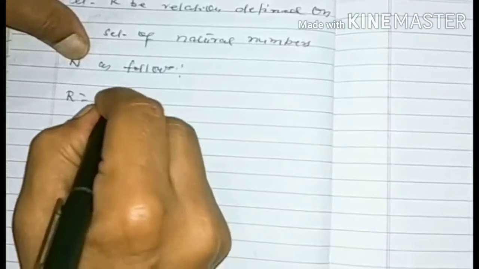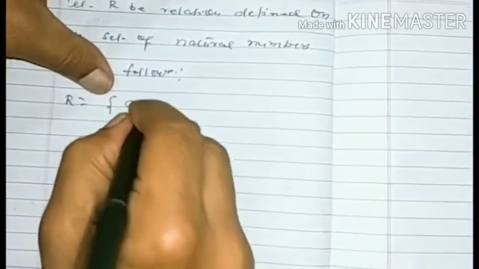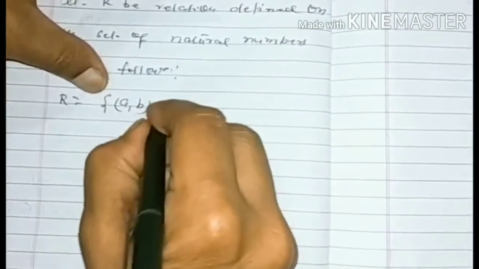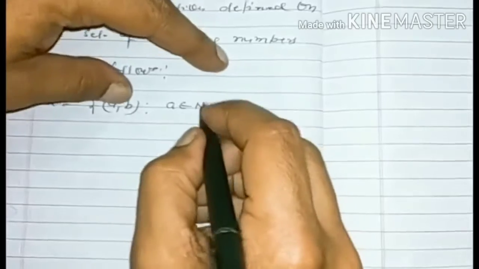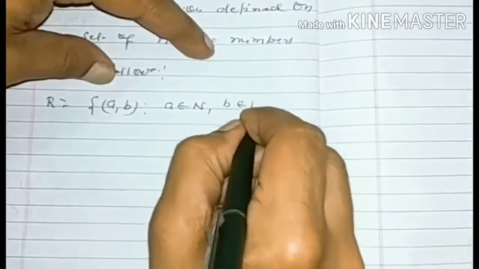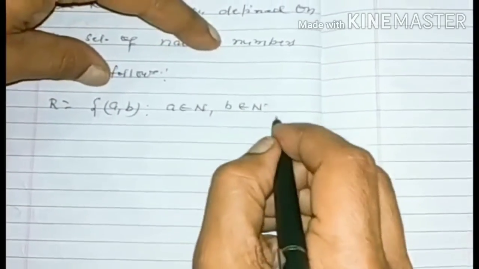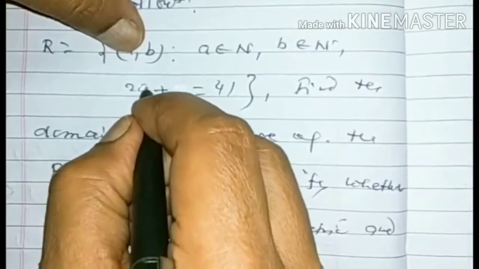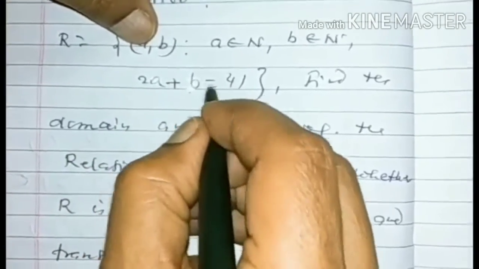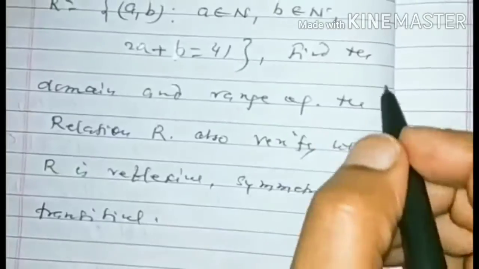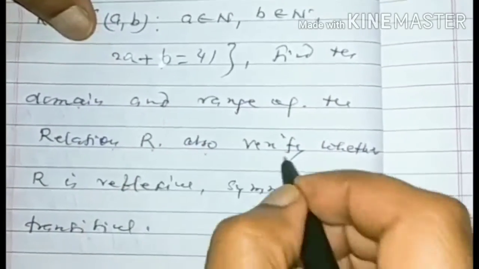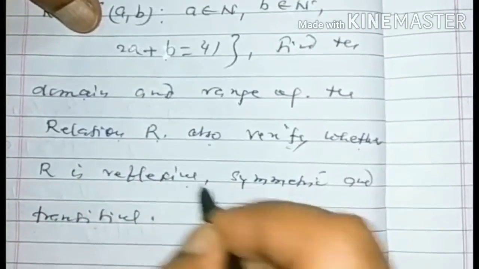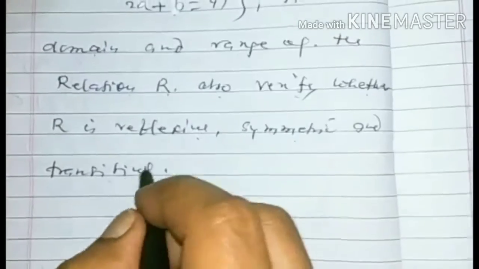R is equal to the set of ordered pairs (A, B) such that A belongs to N, B also belongs to the set of natural numbers, and 2A plus B is equal to 41. This is the set. Find the domain and range of the relation R. Also verify whether R is reflexive, symmetric, and transitive.